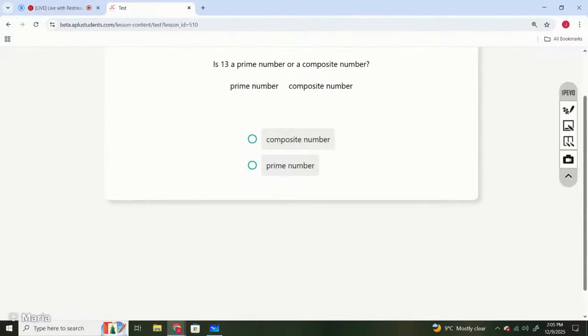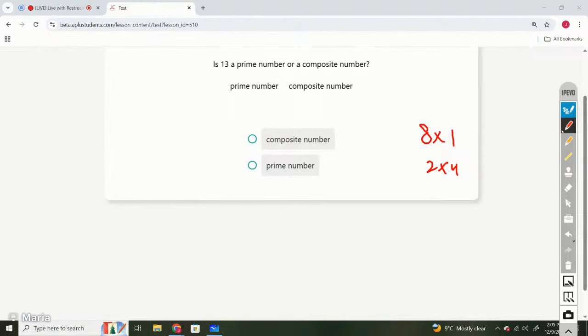Is 13 a prime number? 13 times 1 is 13. Do we have any other numbers that when multiplied make 13?